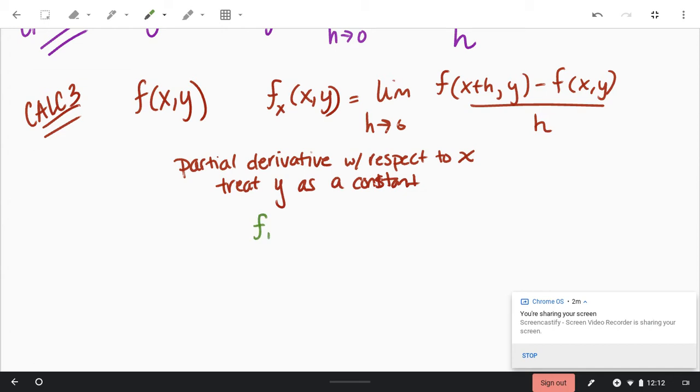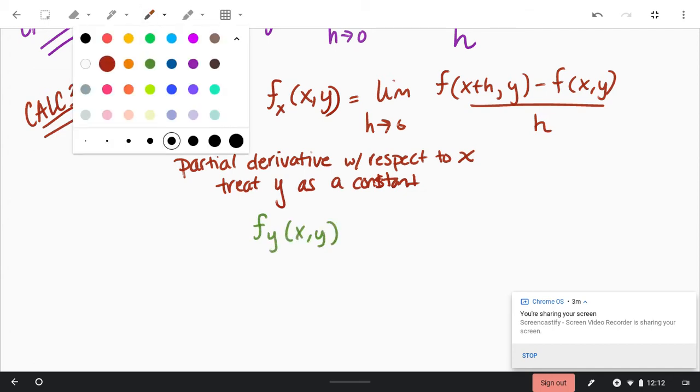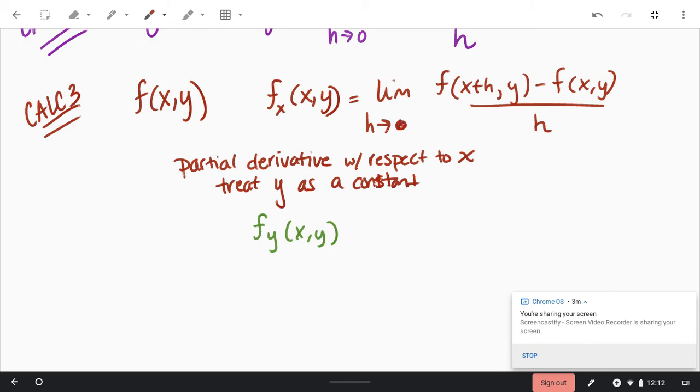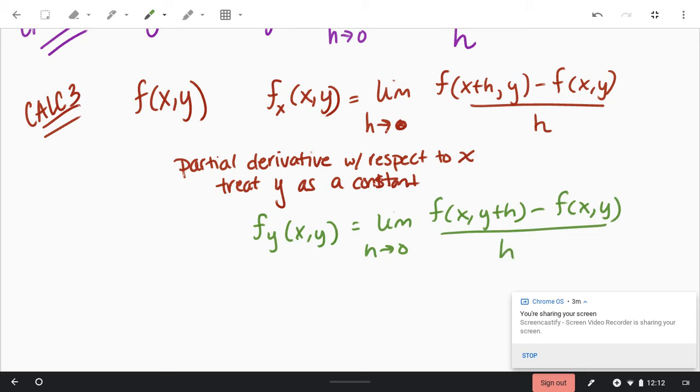Your partial with respect to y, let me make sure that that's clear that that's a 0 there. It almost looks like a 6, which won't make any sense. That's going to be your limit as h goes to 0 of f of x, y plus h minus f of x y over h. And that's your partial derivative with respect to y, and we treat x as a constant.